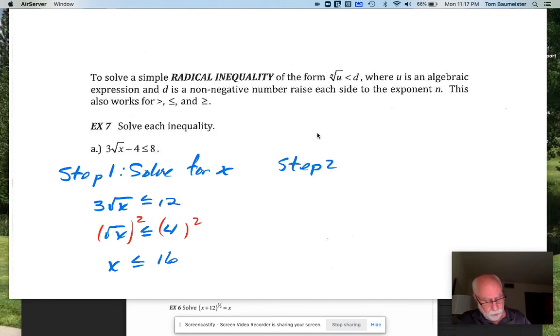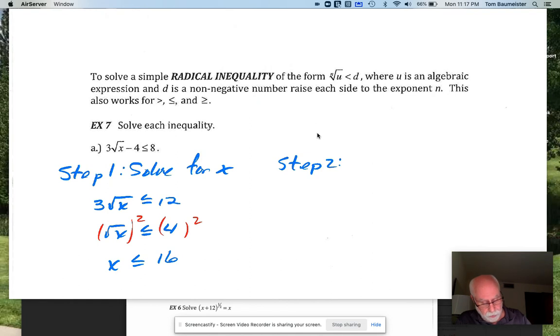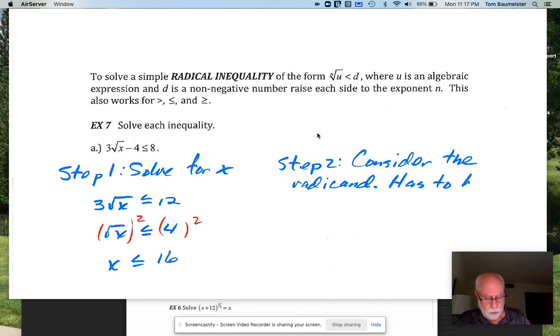So step 2, consider the radicand. Remember, that's what's underneath the radical sign. In this case, since it's a square root, we know that it has to be greater than or equal to 0.